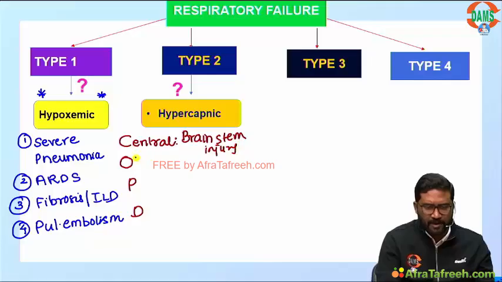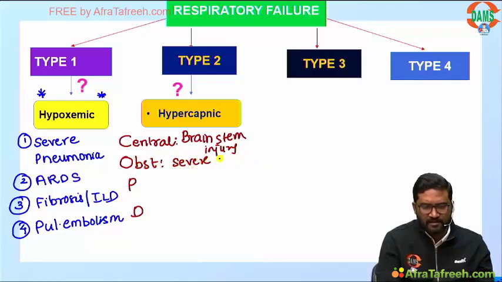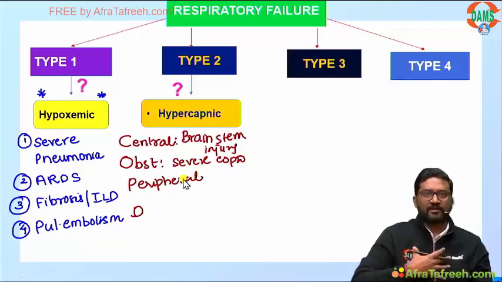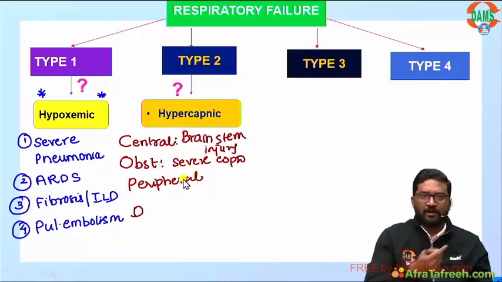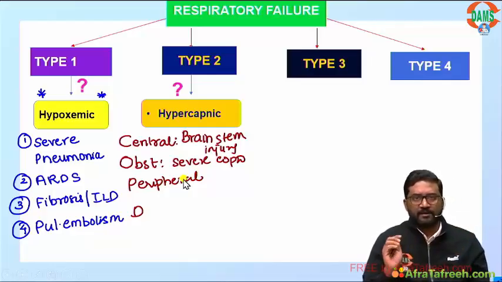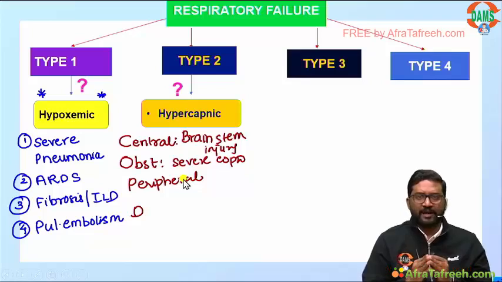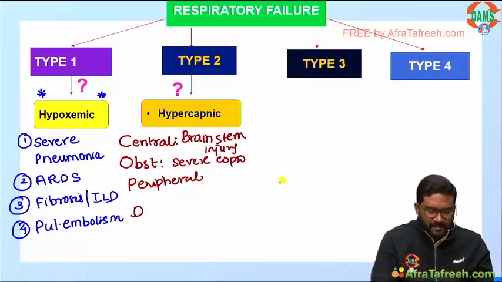O for obstructive causes. Common is severe COPD, chronic obstructive pulmonary disease. Peripheral, something happening at the level of your chest wall, especially respiratory muscle weakness. All those diseases we have known, such as polio, myasthenia, GBS. Then D for strongest respiratory muscle.